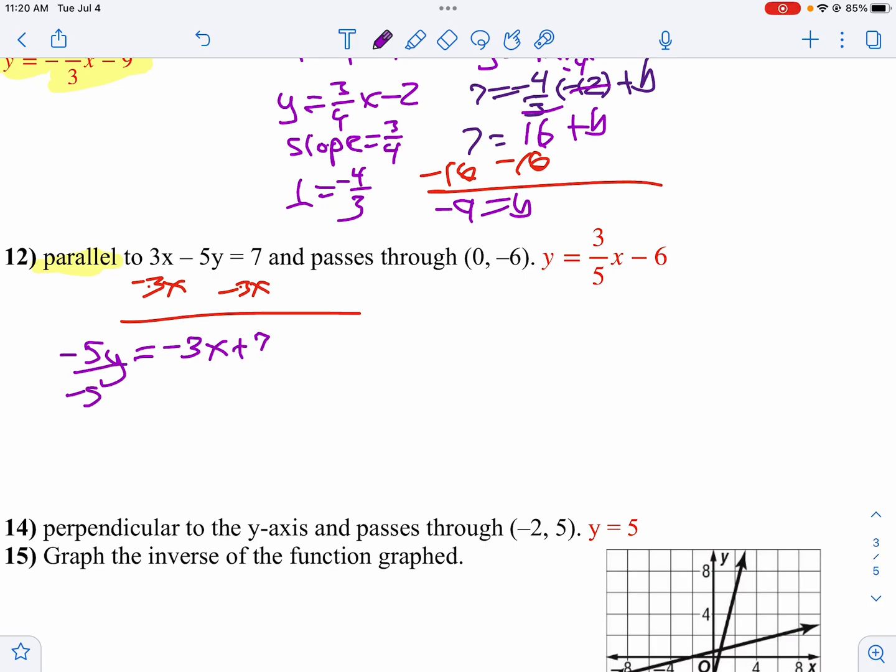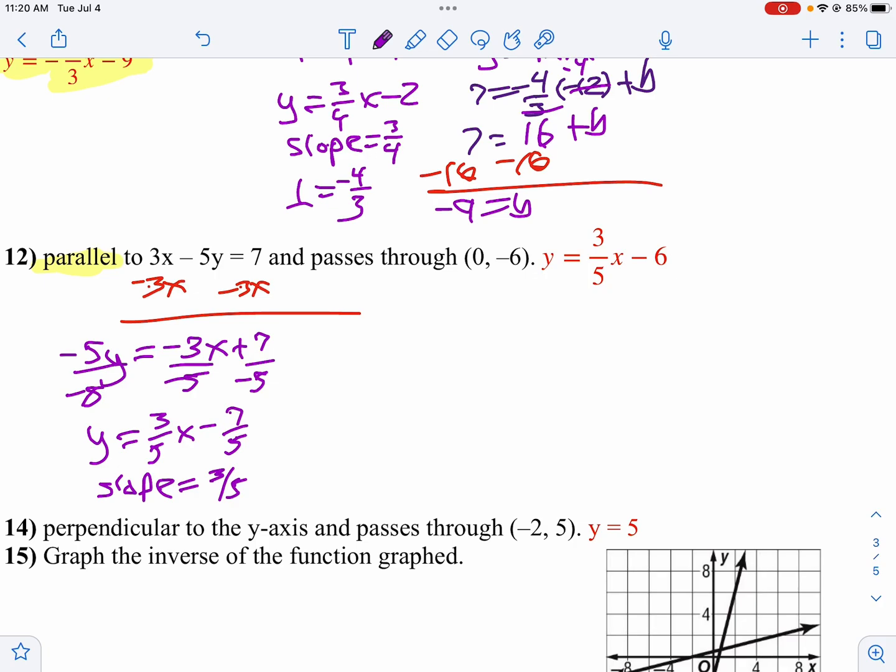I divide both sides by negative 5. So y equals positive 3/5 x minus 7 over 5. The only thing I care about from this line is my slope. My slope is 3/5. And since I know parallel has the same slope, I'm going to use that slope.